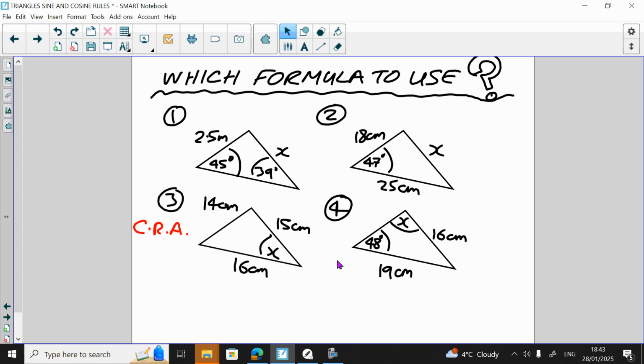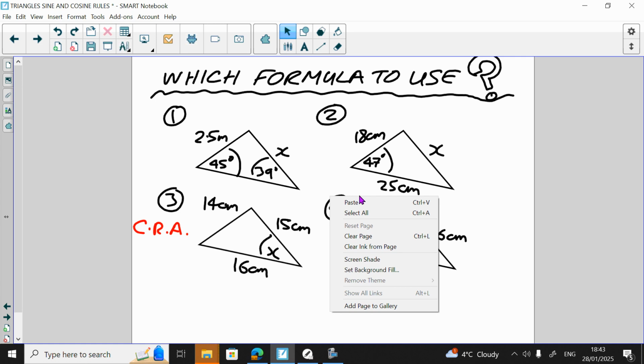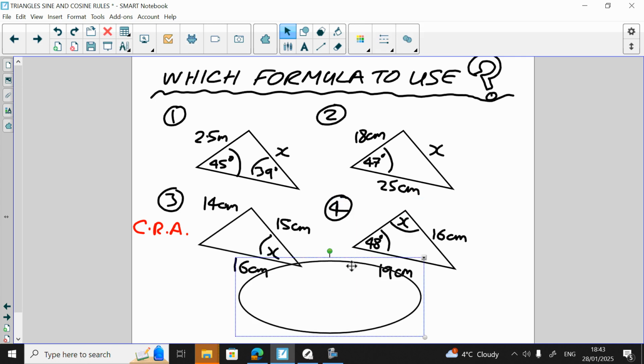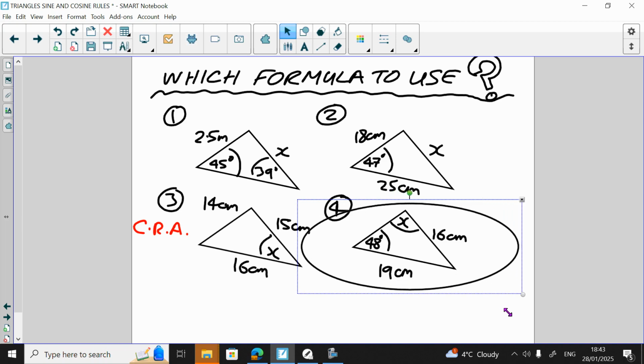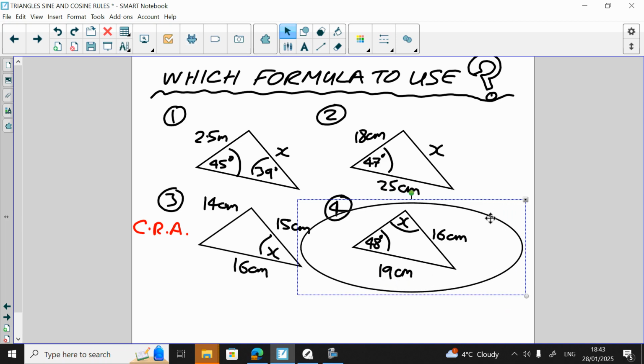Finally, this one. Let's go up here. What have we got this time? I've got two angles involved. I'm looking for one. I've only got two sides. So that's like the first one.